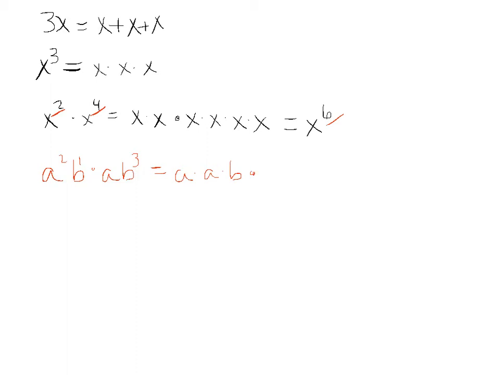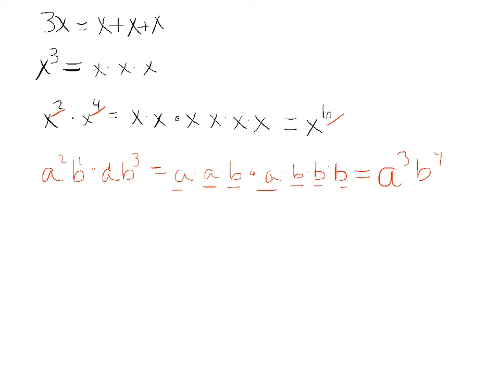And then times, continuing on, a, or a to the first, and a times a, and b to the third is 3 b's multiplied together. So in grand total we have 1, 2, 3 a's multiplied together, a to the third, times 1, 2, 3, 4 b's, so b to the fourth. Again, simply adding the exponents.